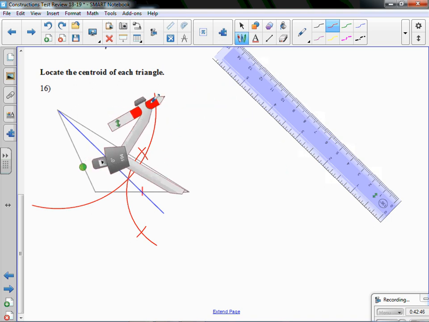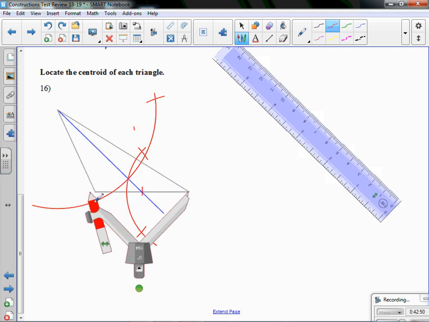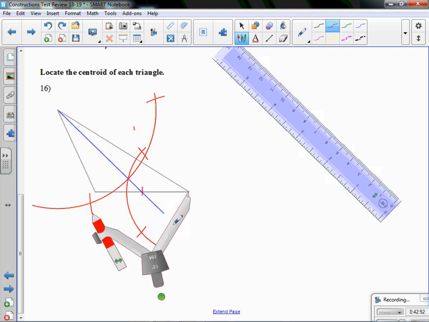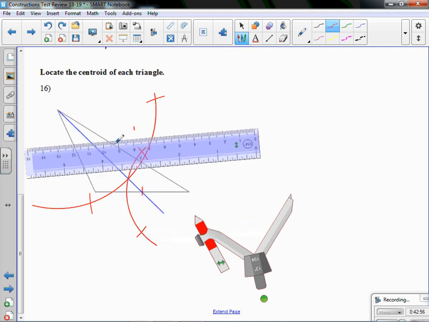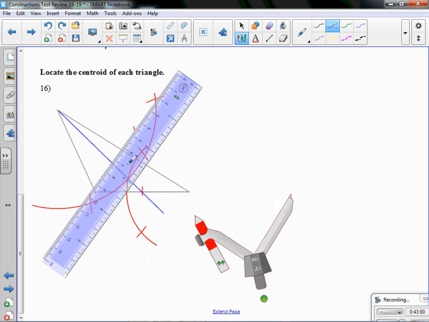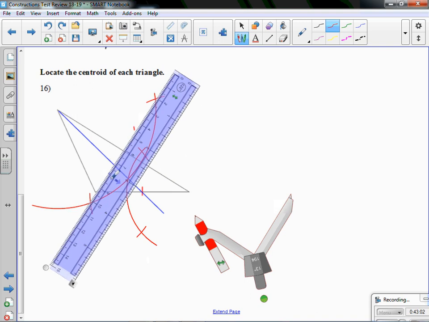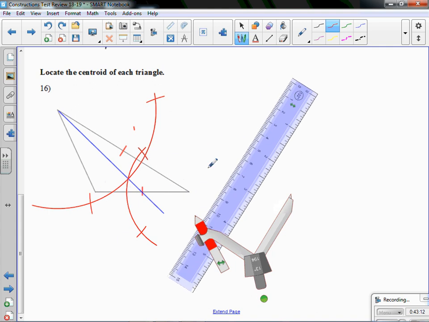Set our compass and mark the intersections, and two arcs, like so. Bring in the straight edge. Line up with those two intersections and mark where that perpendicular bisector would cross that line, which will be the midpoint.